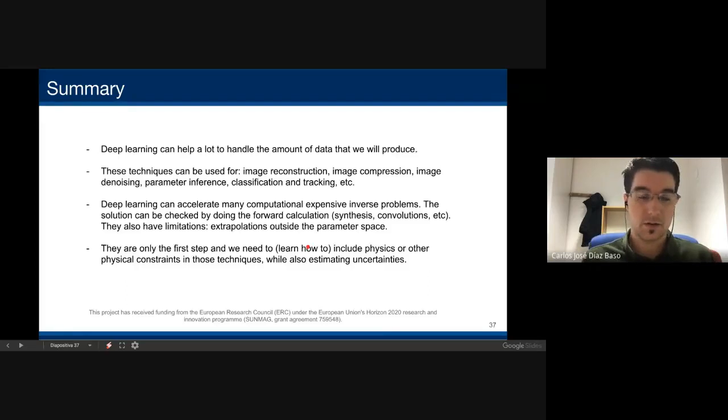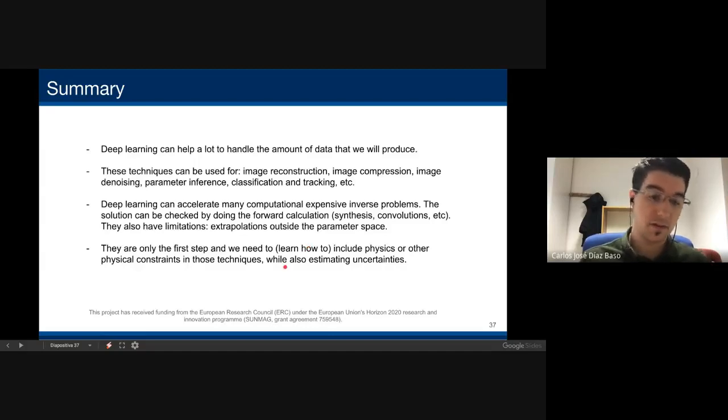We cannot use the neural network with data that it has not seen during the training process, because of course it will not work. It has not been designed for it.